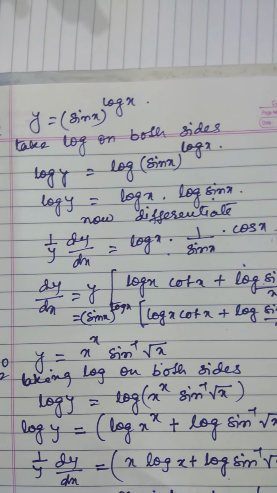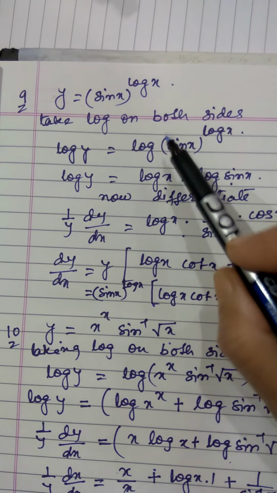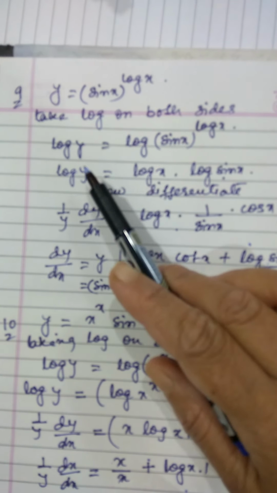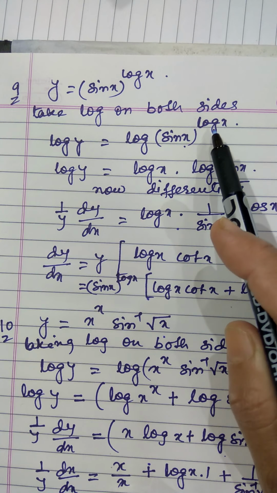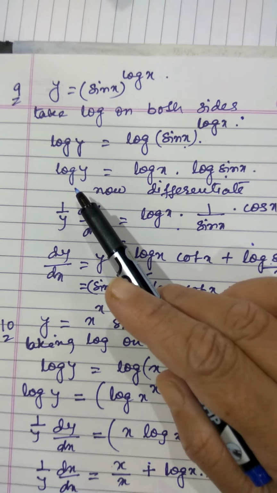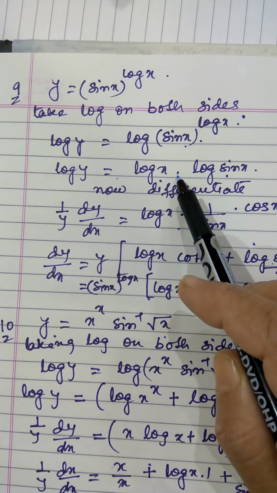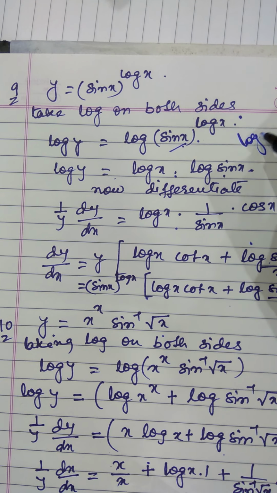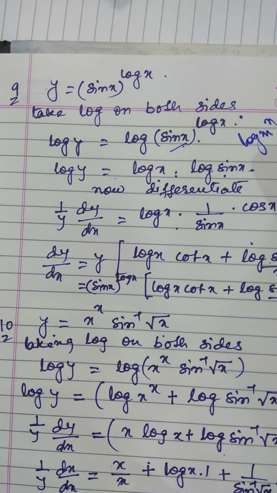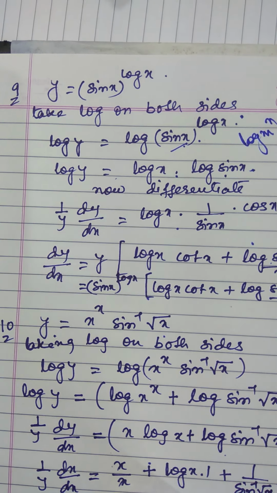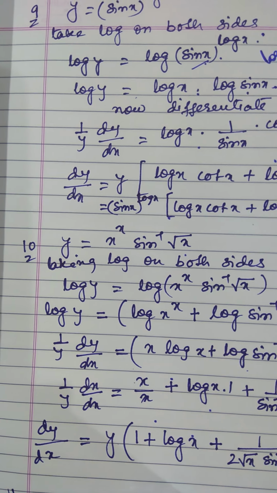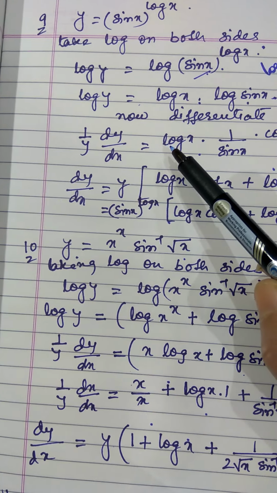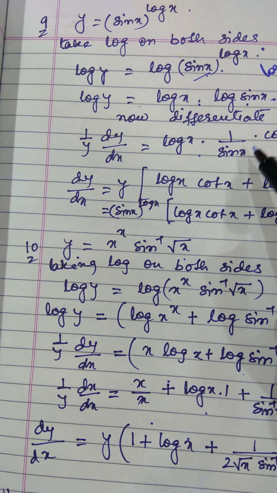Same type of question here also. y is equal to sin x raised to the power log x. Take log on both sides. So log y is log x into log sin x. We are using log m raised to the power n is equal to n log m. Now differentiate. This is 1 upon y dy by dx is equal to first function into derivative of second.